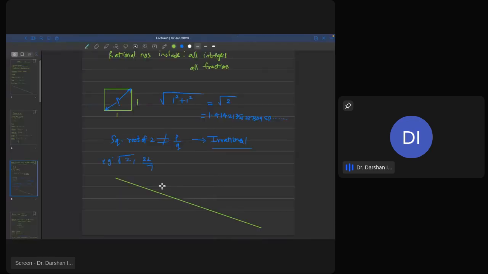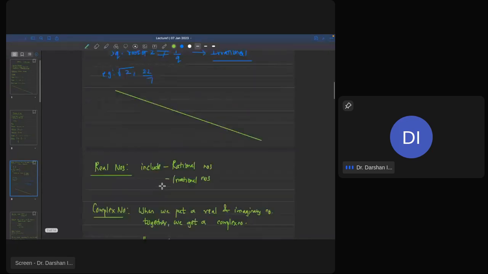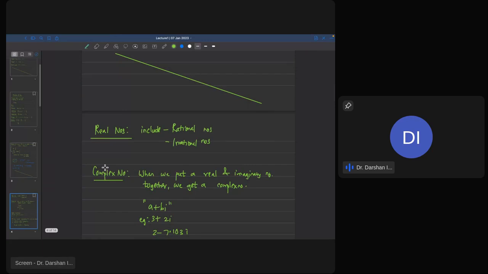We are just going to have the revision in 2 minutes, not more than that. So don't ask any questions related to yesterday's class if you were not present. You will have to watch the recordings in that case. Real numbers include rational and irrational. Complex consists of real and imaginary together.